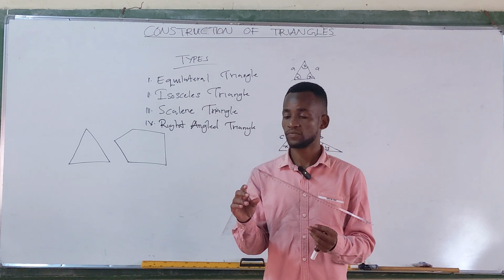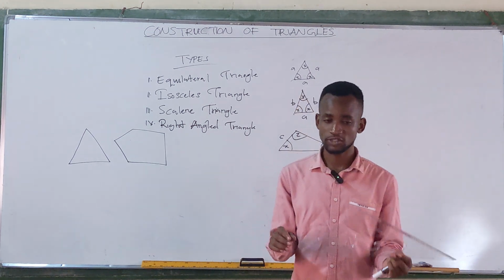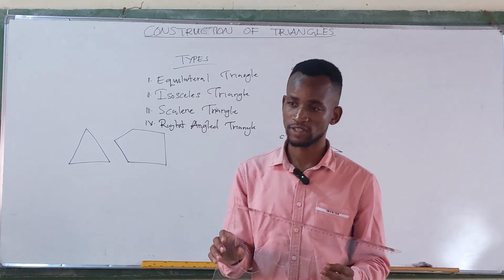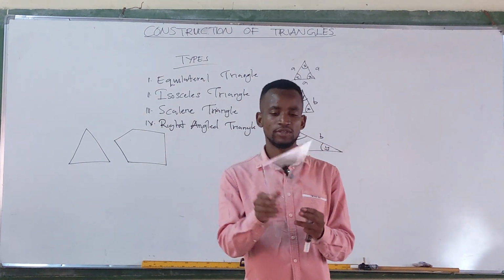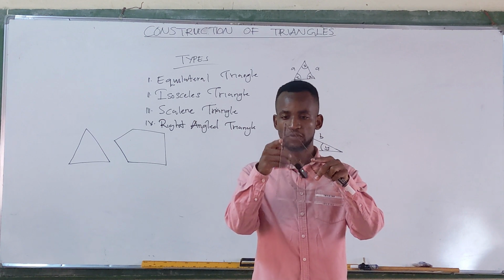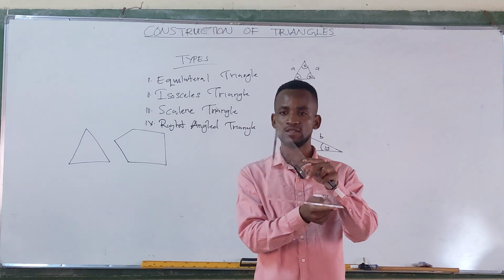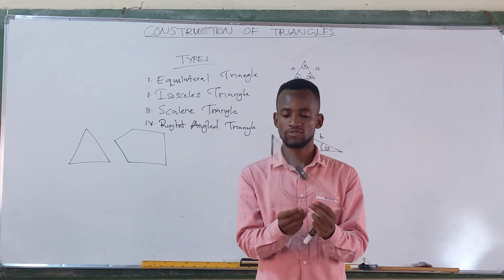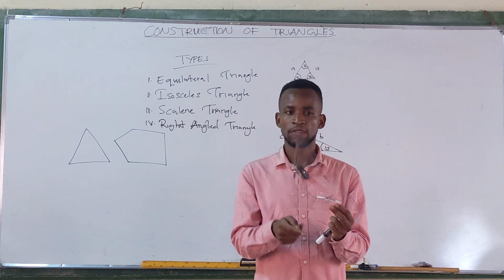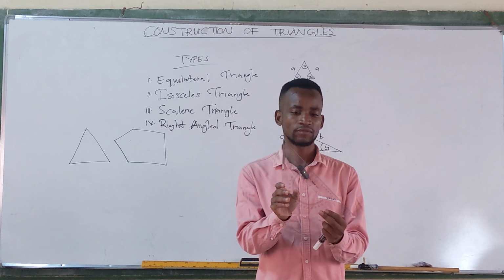Clear? Okay. When you look at the other set square, the 45-degree set square, you observe that this side and this side meet at 90 degrees, right? Meaning it's a right-angled triangle.